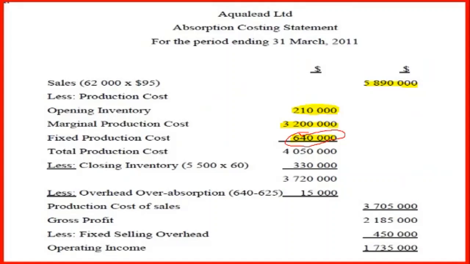Right, so when you're doing an actual income statement, you will use the overhead application rate to get the fixed production costs if they give you an overhead application rate, right? Minus the closing inventory.